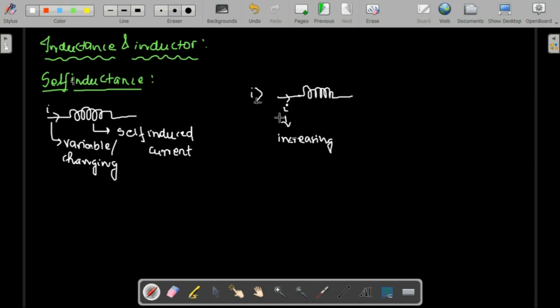This is the original current because of which you have your induced EMF or current, and that is increasing. So the induced current in the inductor will try to reduce it. That's why the direction would be in this direction. So this induced current is in the opposite direction, it opposes. This is important when we are talking about directions.